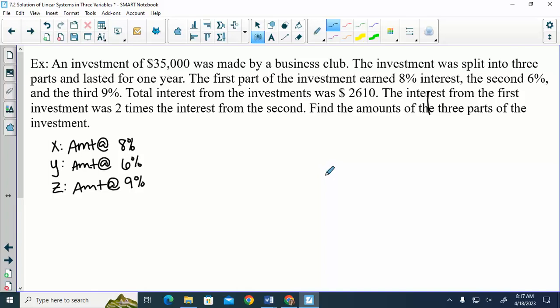Okay, we could probably write some of the equations already. We had an investment of $35,000. So what would my equation be?